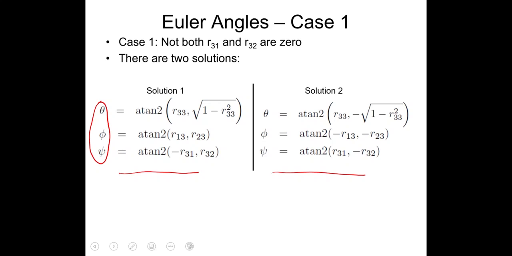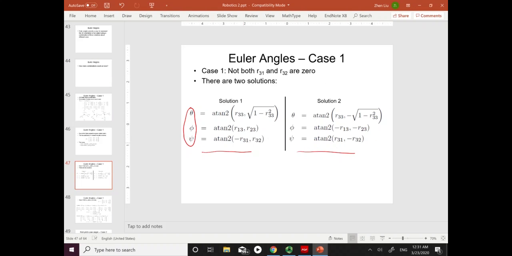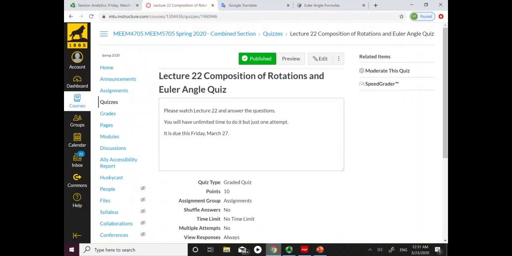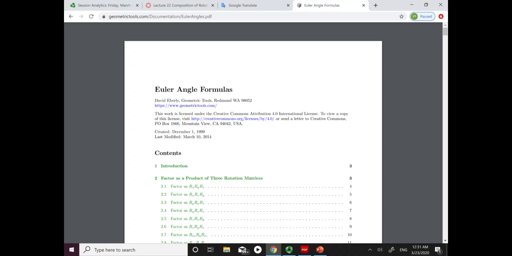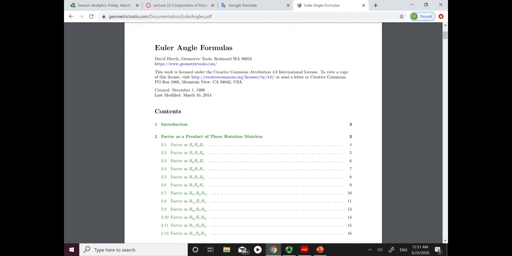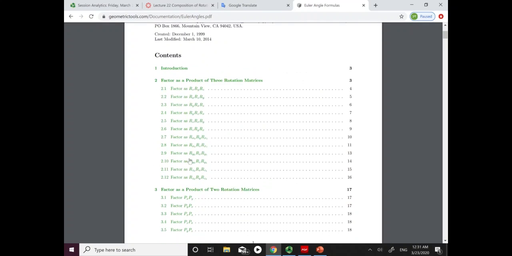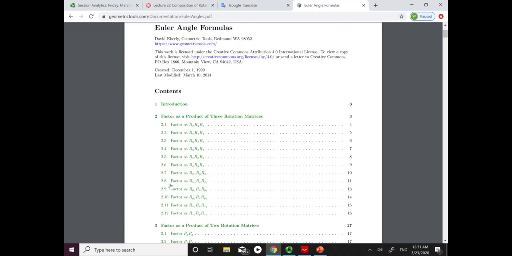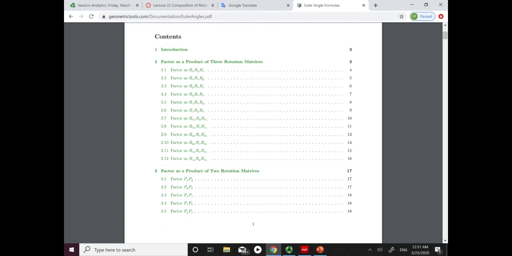So for Euler angles, we don't need you to do the calculation, because the Euler angles have their own formula. You can just quickly use the formula, which we will upload to Canvas. Okay, right here. This is called Euler angle formulas. So you can see that we have 12 combinations, right?